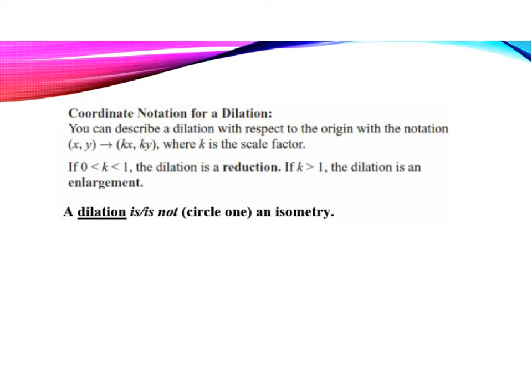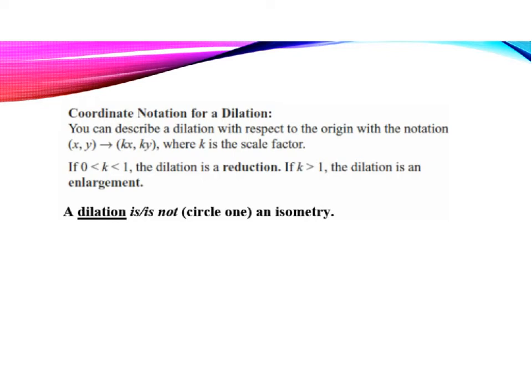So, a dilation is or is not, I want you to circle one, an isometry. Because our figure gets either smaller or bigger, the size of our shape changes. The angles aren't going to change, but the size of it is going to change.